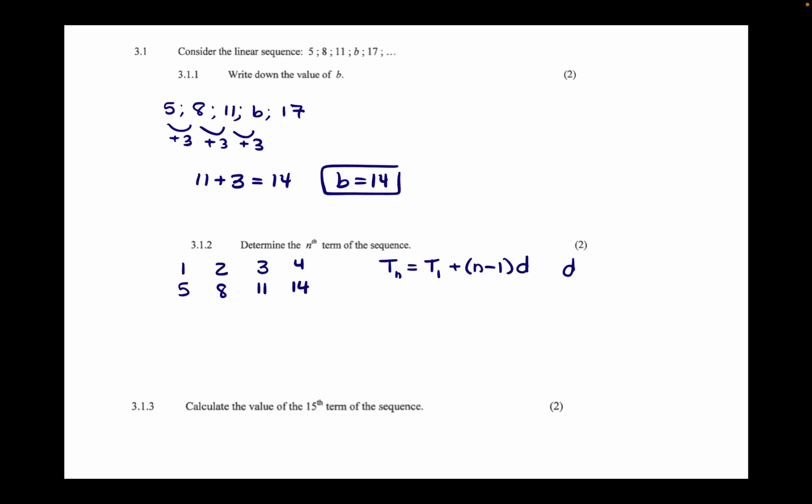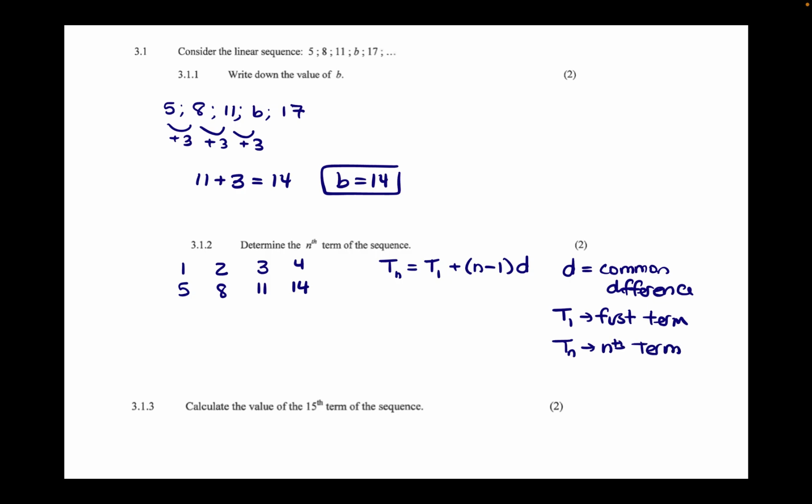So d would be that difference, the common difference. T sub 1 is the first term. T sub n is the nth term.